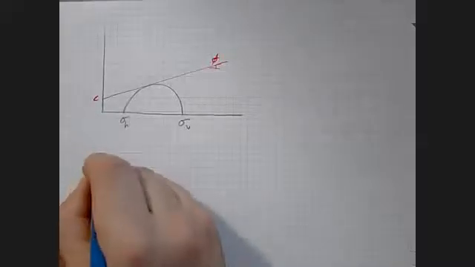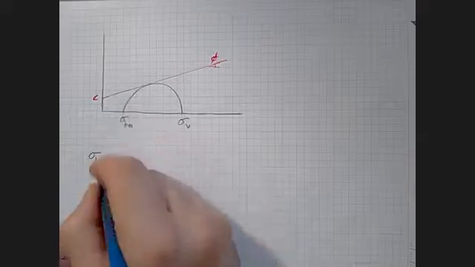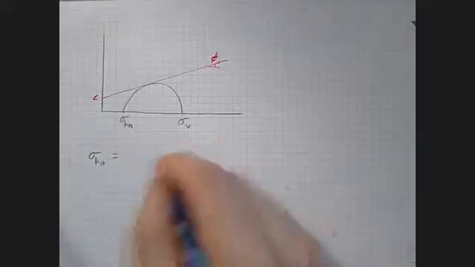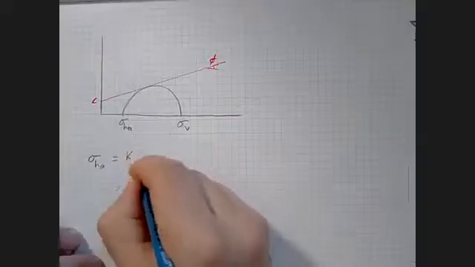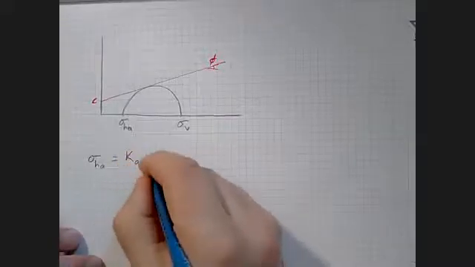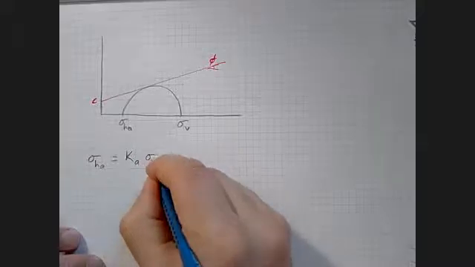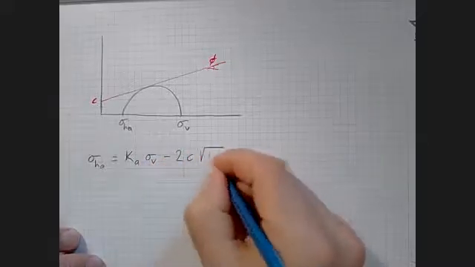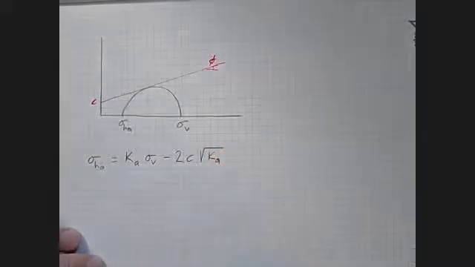Sigma horizontal active is then Ka sigma vertical minus 2c square root Ka is what you are going to get.